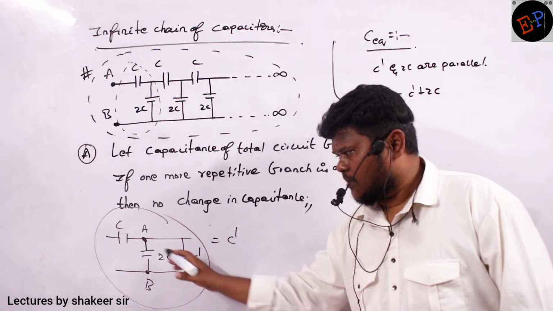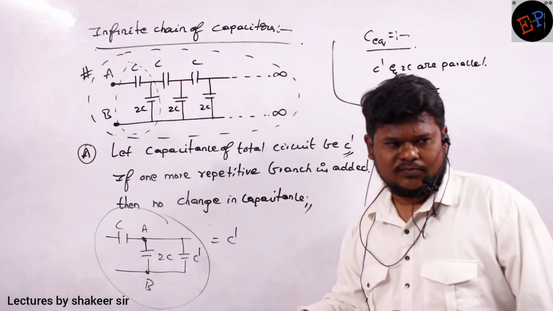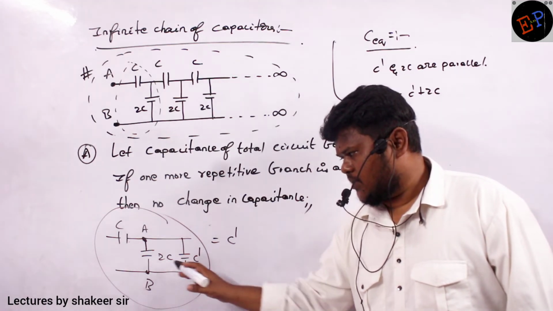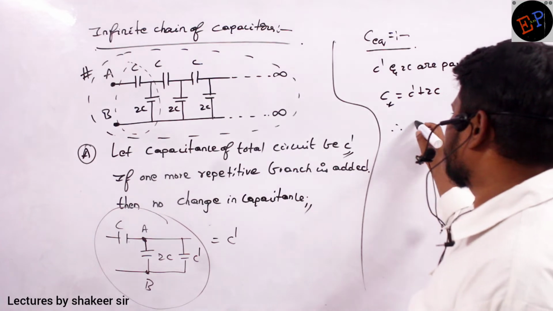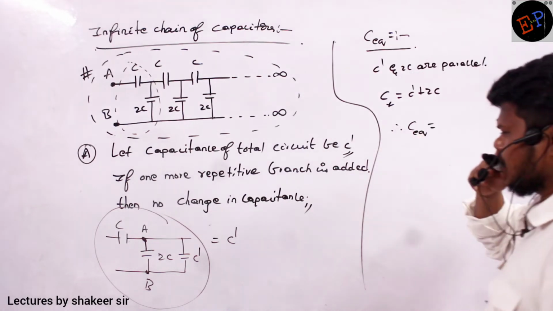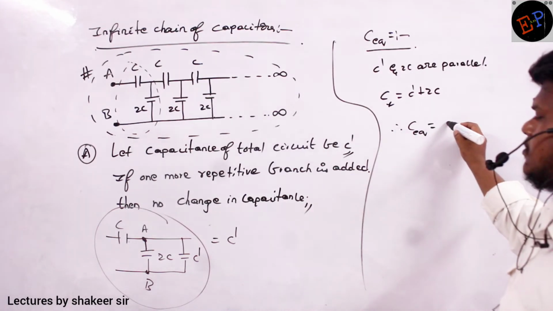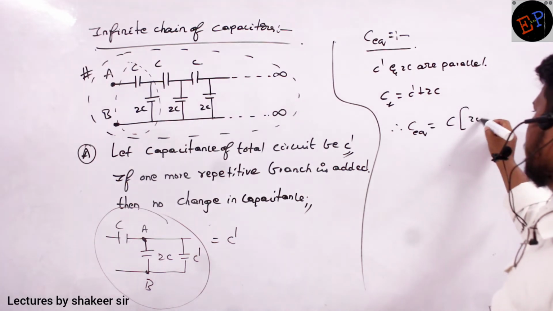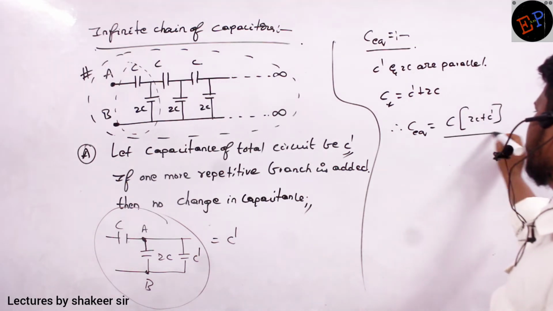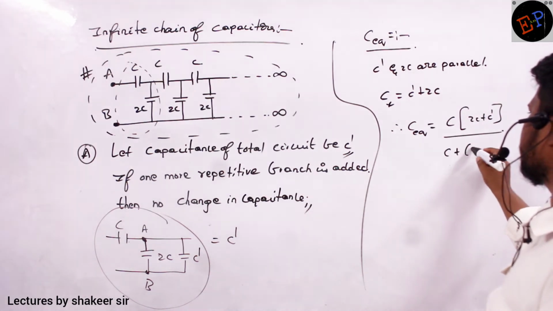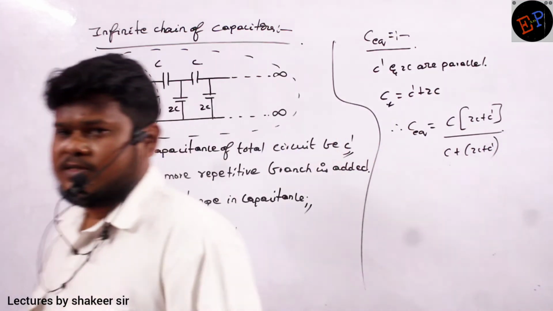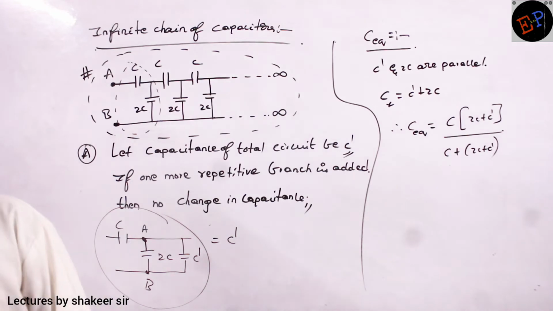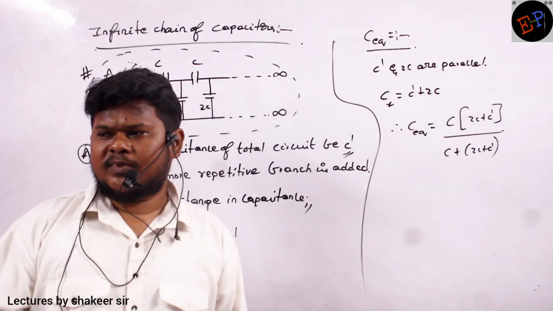Now to this branch, this C is in series, no? So the total equivalent capacitance is C multiplied by (2C plus C dash) divided by C plus 2C plus C dash. Can I write like this? If two capacitors are in series connection, then the equivalent capacitance is C1 into C2 by C1 plus C2.